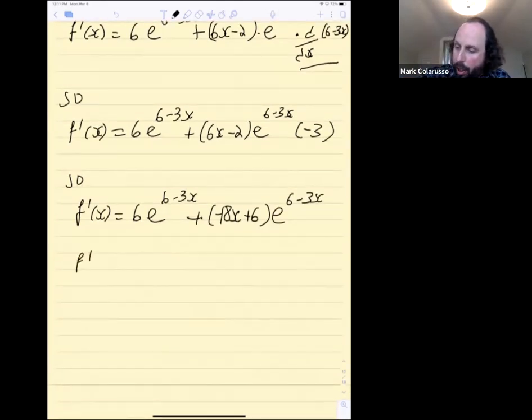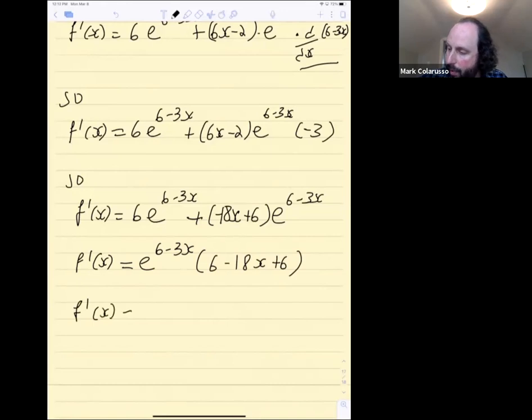And now, because we're going to have to solve an equation, we should factor out the exponential factor. So you get e to the 6 minus 3x times 6 minus 18x plus 6, and f prime at x is e to the 6 minus 3x times minus 18x plus 12. Okay, whew, that's as simple as it gets.